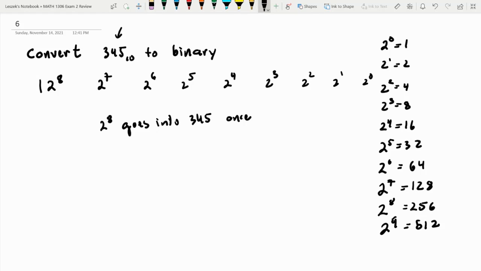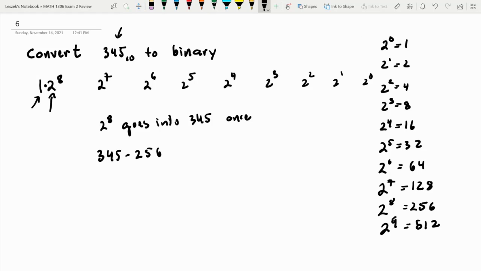Okay, so we know that for our binary, 256 goes into 345 once. So for the 2 to the 8, we're going to have a coefficient of 1 to indicate that 256 goes into 345 once. Okay, so then we can update our number because we already accounted for 256.